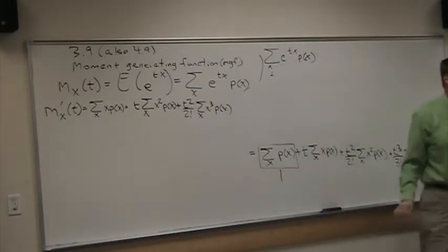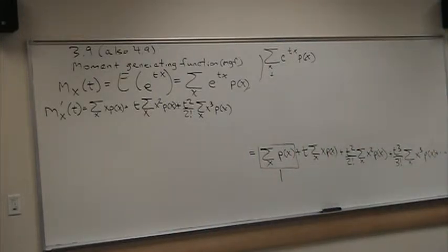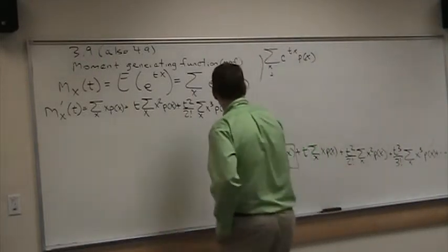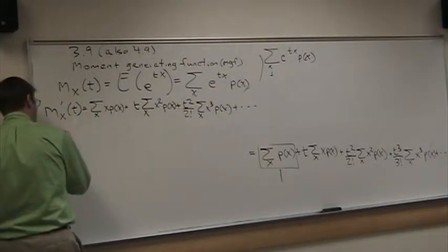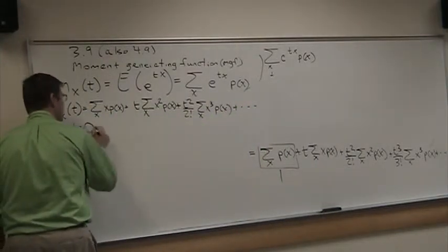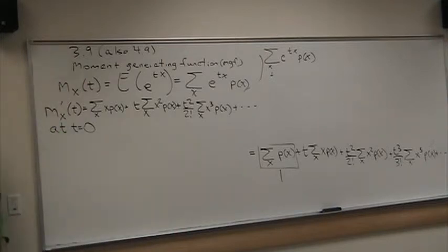See what's happening effectively? It's basically just shifting part of it one term, right? So plus, and this is going to go on. So at t equals 0, what happens in this thing?